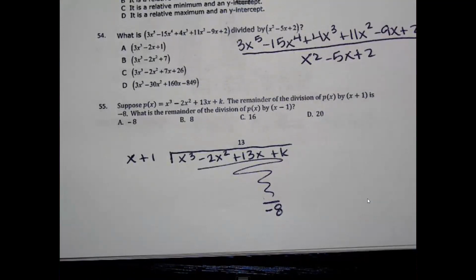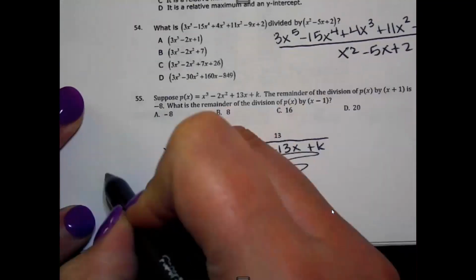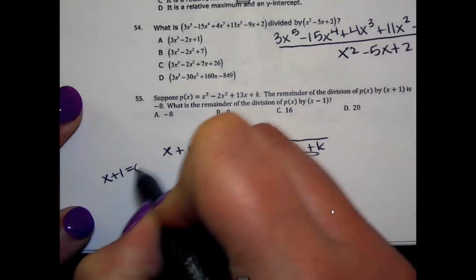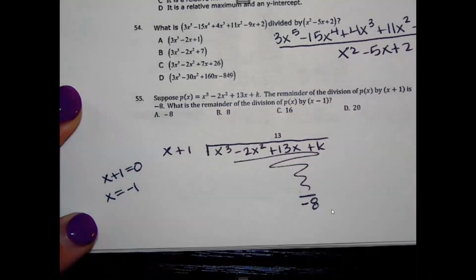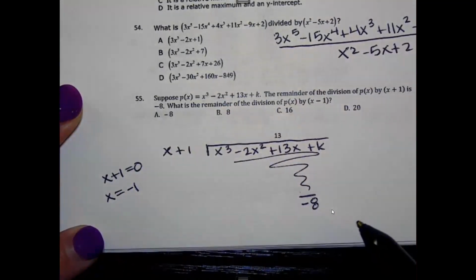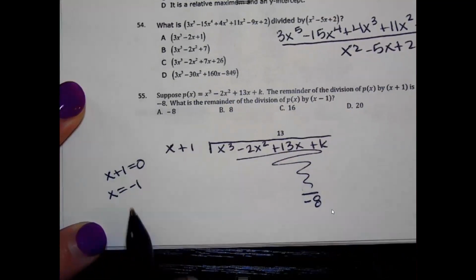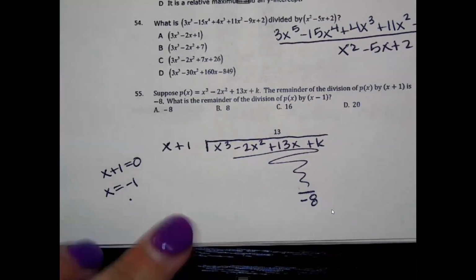Yeah, Sean. Okay, X plus 1 equals 0, so X equals -1. Okay, and then what do we plug into the X's? Wait, not the remainder, you plug in the -1. And then when you plug in the -1, it's going to spit out -8. It's going to give you the answer -8.